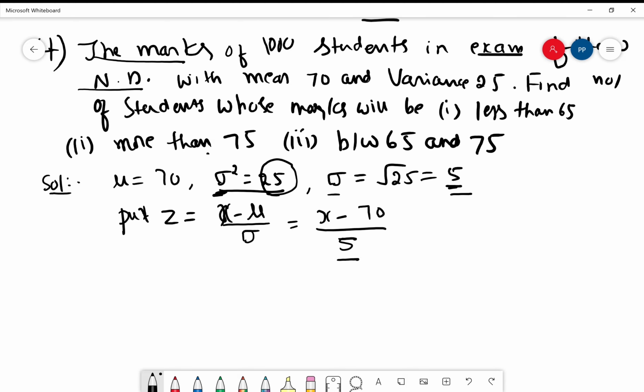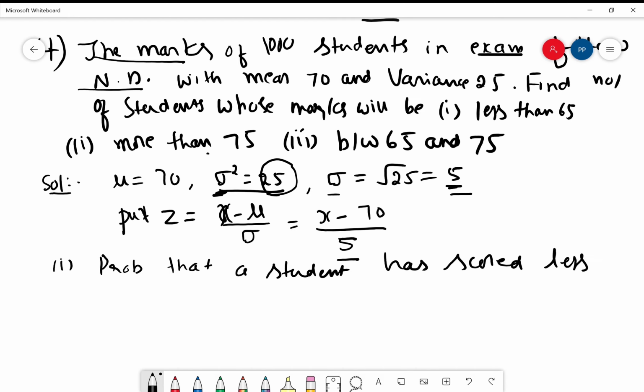Now first I'll find the probability that a student has scored less than 65, which equals P of x less than 65.